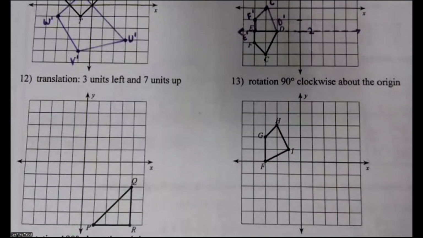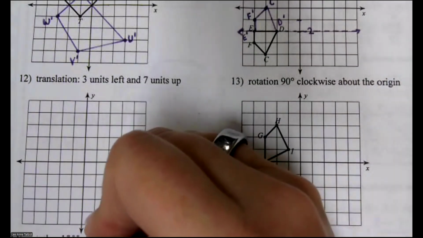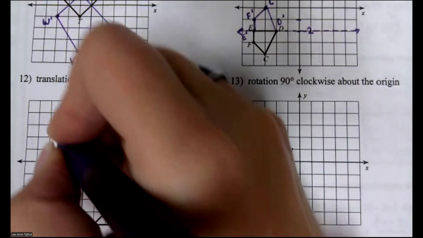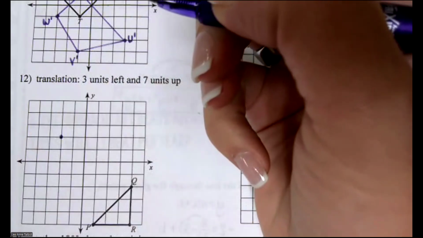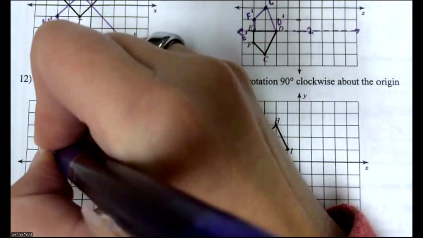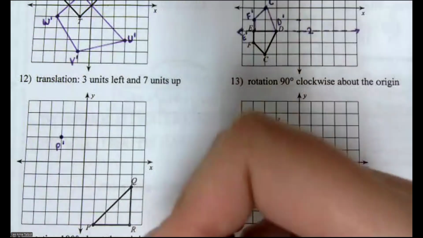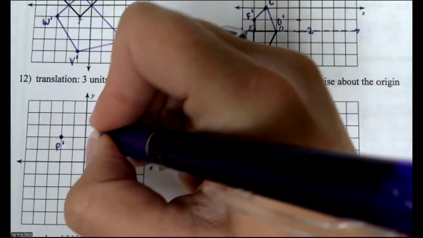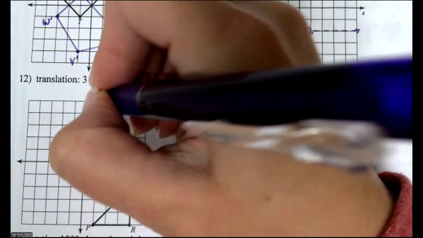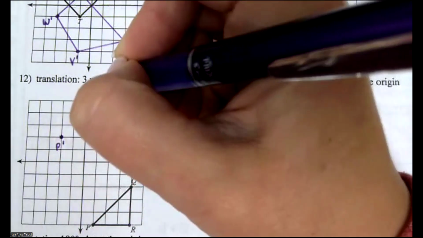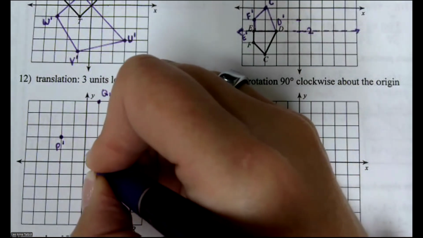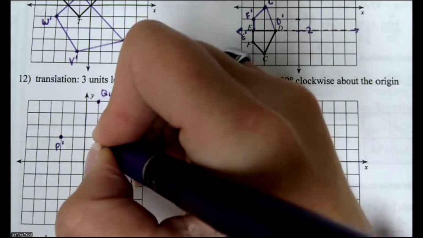Okay, next one, 3 units left and 7 units up, so I'm just going to count. One, two, three, 1, 2, 3, 4, 5, 6, 7.